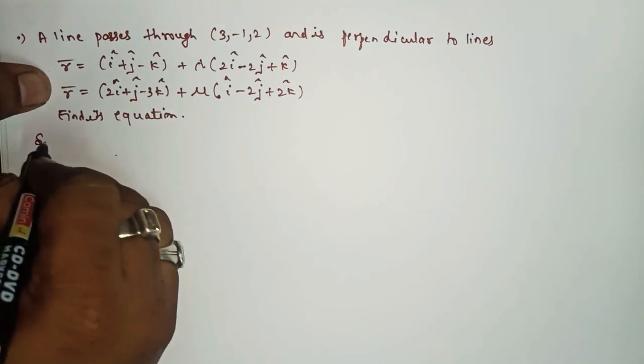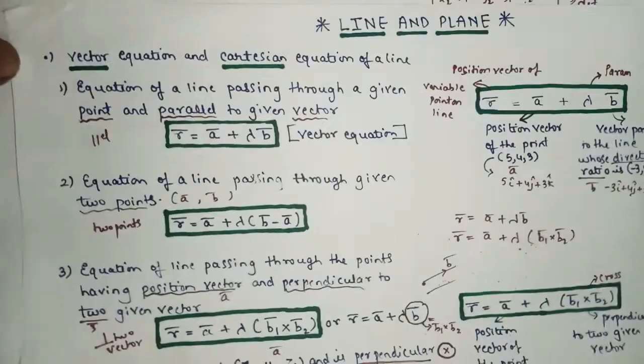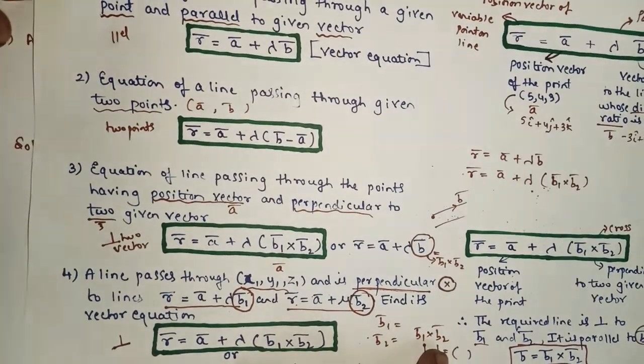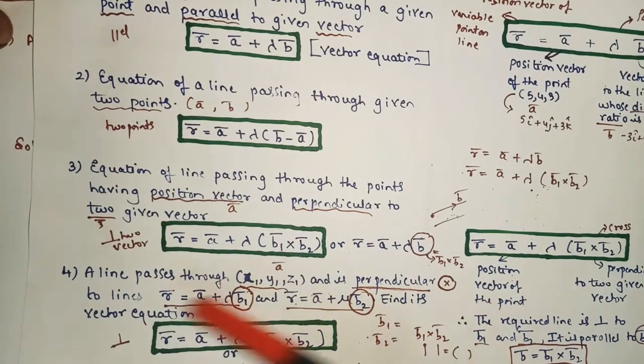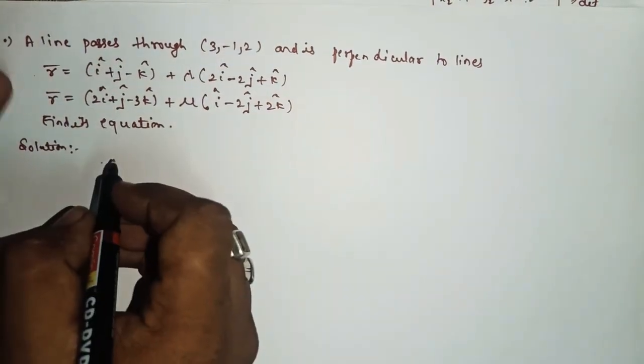In the solution part, as I had explained in the first video lecture, all this concept, I had also explained the fourth one: whenever a line passes through a point and it is perpendicular to two given vectors, and again you have to find the vector equation. So let's begin with the steps.